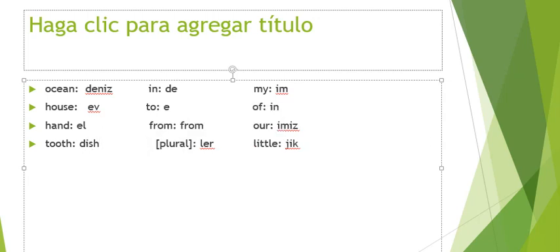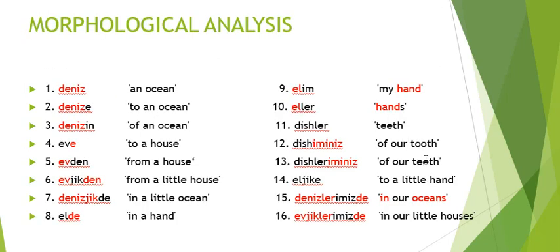And you also found that teeth, you see here, teeth in plural is dişler, right? Dişler. You have it here. And in this way you can find the rest of the answers to the different morphemes, the meanings that they have, okay? The representations through the different morphemes.